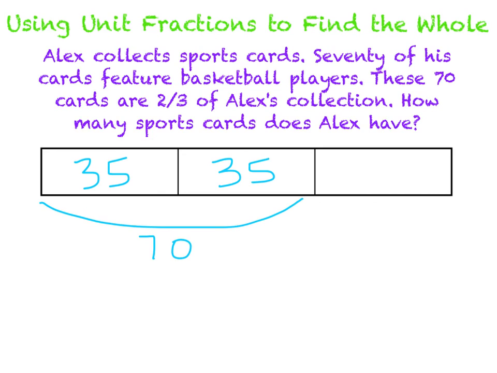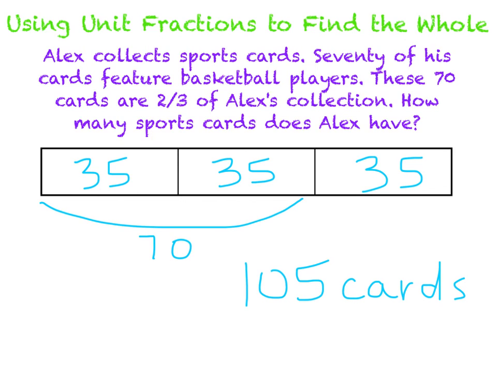And if these 2 pieces, here and here, are worth 35, then that means that this piece over here is also worth 35. Now I know what all of these pieces are worth, and I can figure out what the entire collection is worth. 35 plus 35 plus 35 is equal to 105. So I know that Alex has a total of 105 cards.